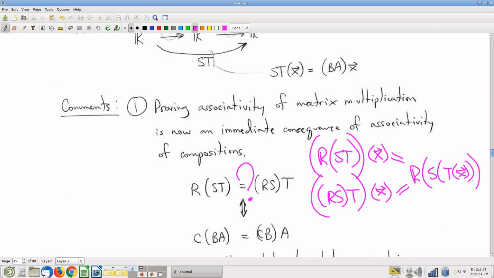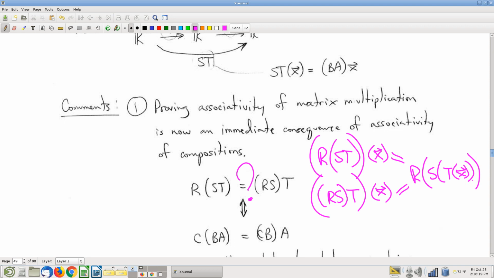I would like you to compare this argument to, go back into the book and look in section 1.2 where the book proves directly that matrix multiplication is associative. And I think you'll find it extremely opaque, very rigorous. No problem with the rigor, right? But extremely unsatisfying and completely devoid of intuition. For your consideration. Okay. All right.